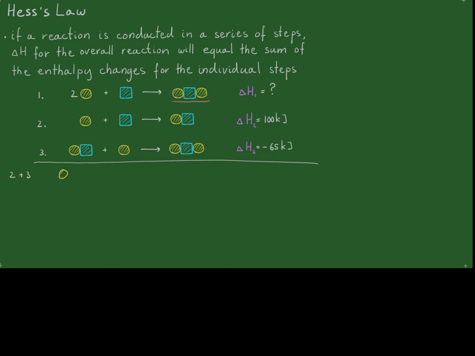So we have one yellow ball plus one blue square from reaction 2 plus this yellow ball blue square complex from reaction 3 plus another yellow ball from reaction 3. So those are the reactants. And then we look at the product side.